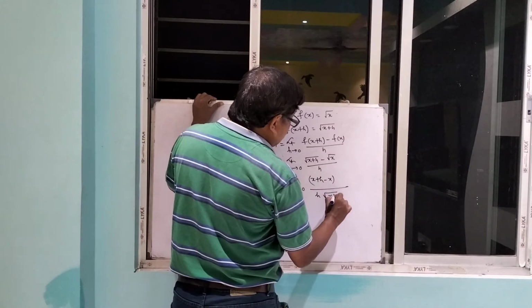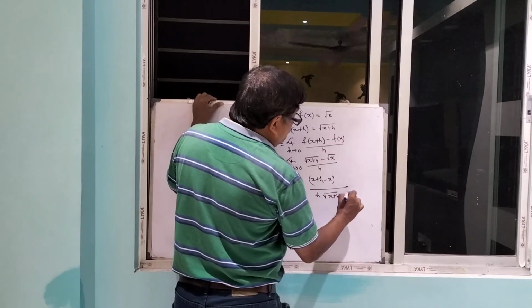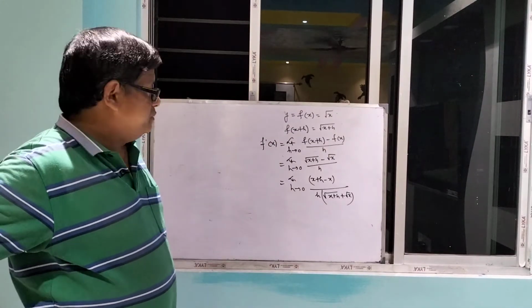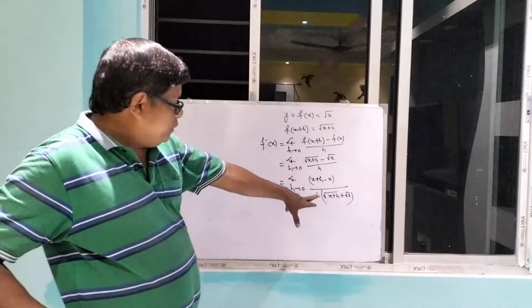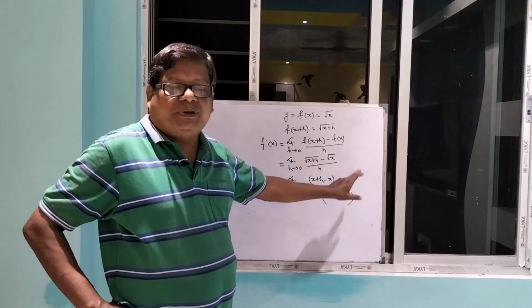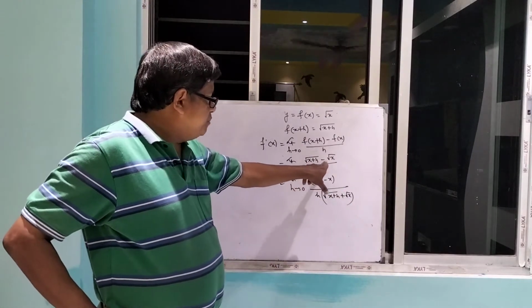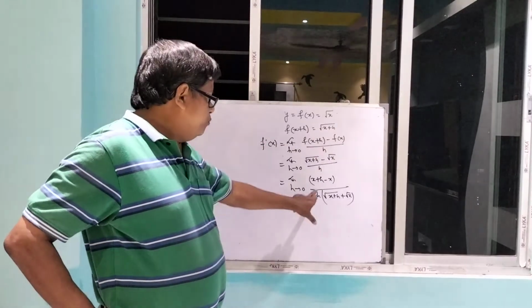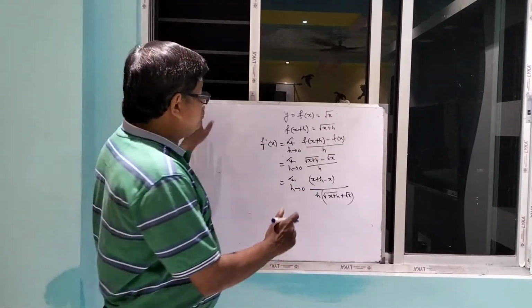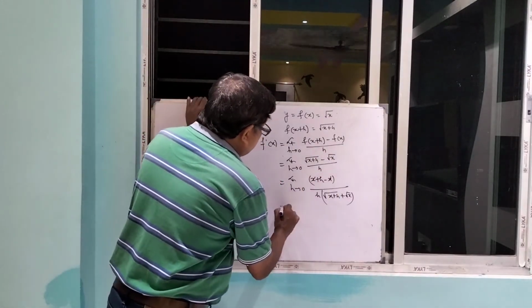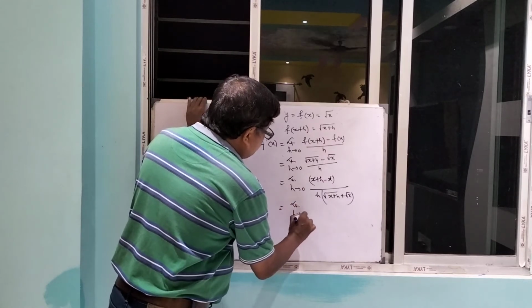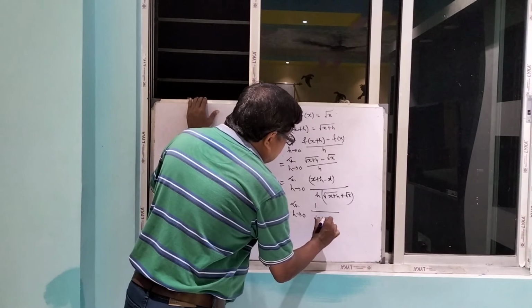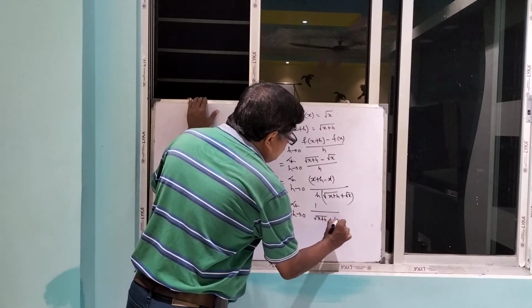Rationalize: multiply both numerator and denominator by the conjugate, root of x plus h plus root x. This part will be a minus b times a plus b, a square minus b square, so x plus h minus x. Both x cancel. So limit h tends to 0, h cancels again, leaving 1 over root of x plus h plus root x.